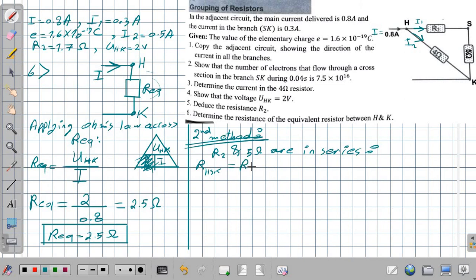So هو R2 plus ال 5 ohm. So R2 is 1.7 plus 5 ohm equal 6.7 ohm.